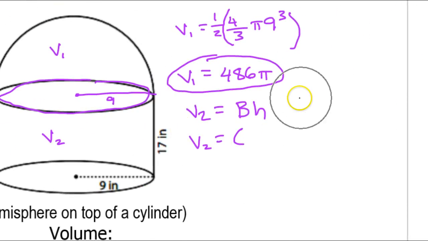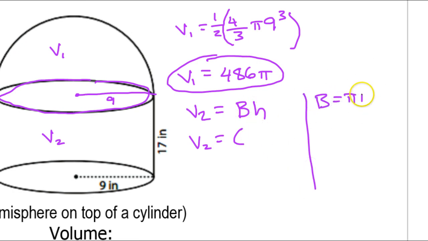Alright, so I'm going to find the area of the base. I know that to be a circle, so that's pi r squared. So the area of the base is pi times 9 squared, because the radius is 9. So the area of the base is 81 pi.